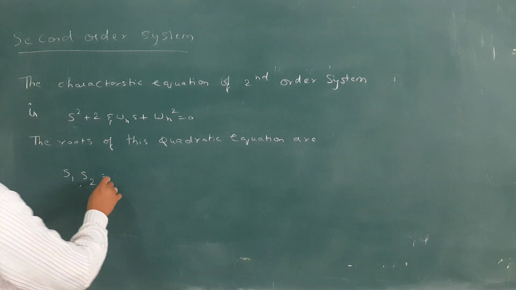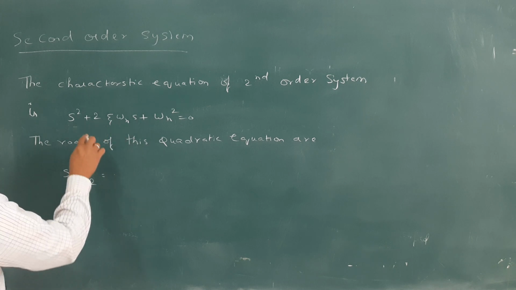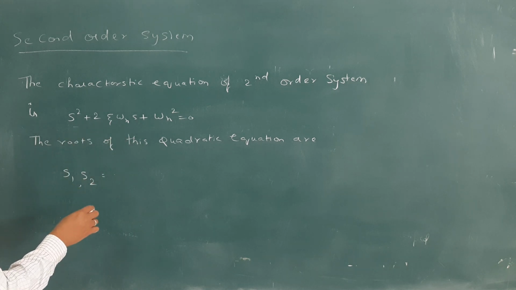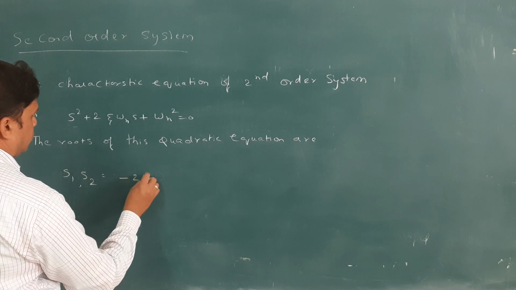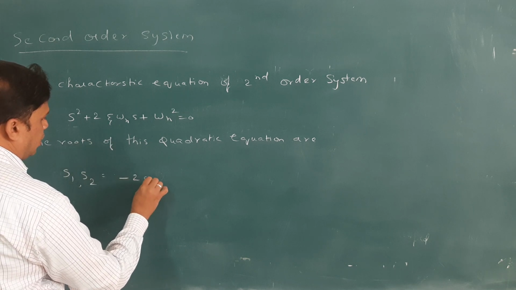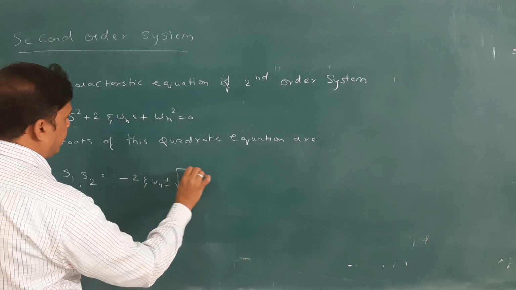Now we know the formula of the quadratic equation. So minus b, it is minus of minus 2 zeta omega n, plus or minus square root of b square.